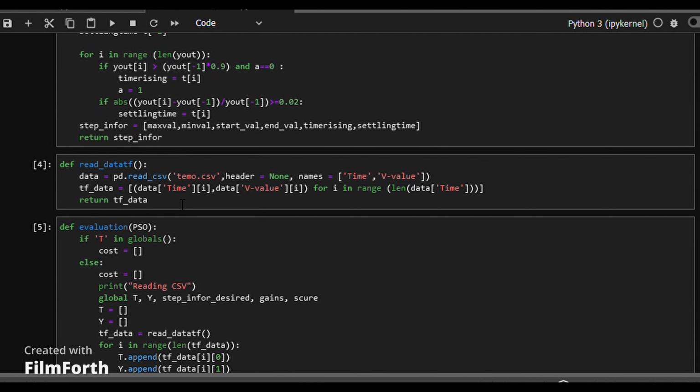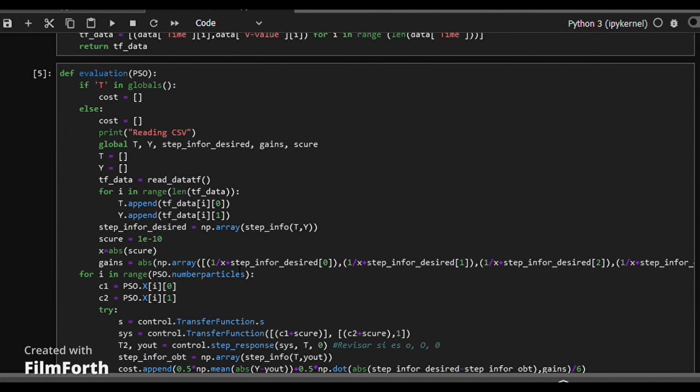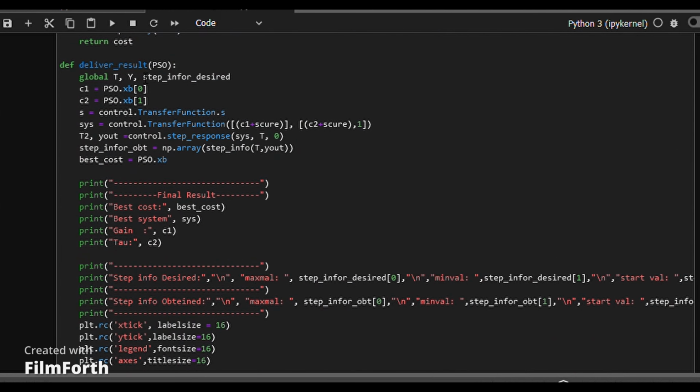It's something like the previous program. Then the evaluation of the PSO, and we finish with the delivery of results.